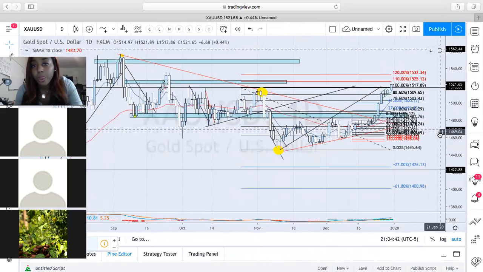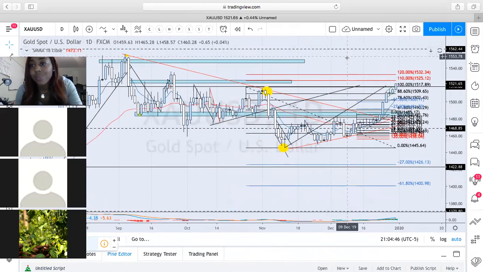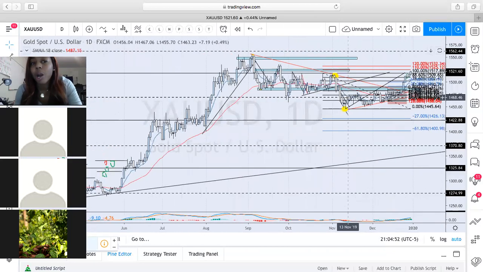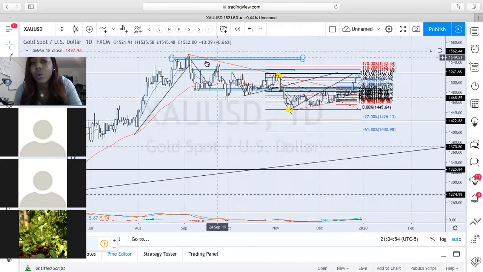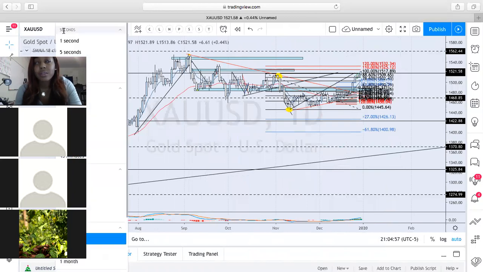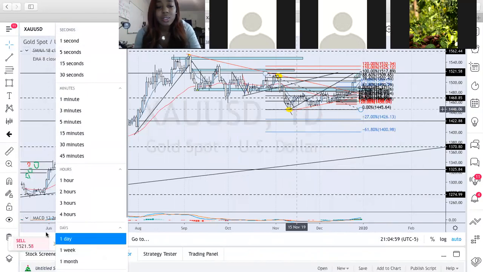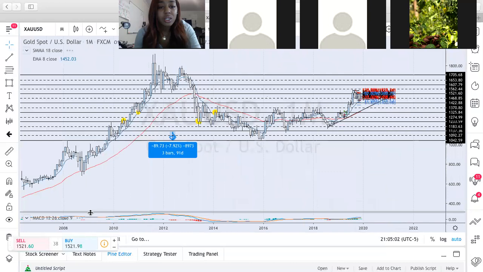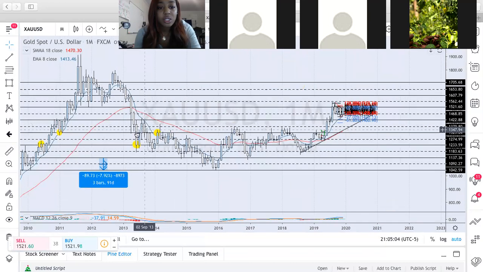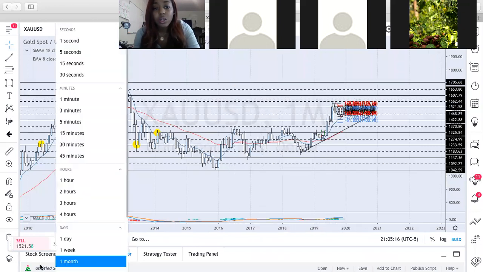So when I say 1550, I'm not expecting it to go higher than this point, right? But remember also, we haven't been this high in gold since 2013. Since 2013, we haven't crossed this point.